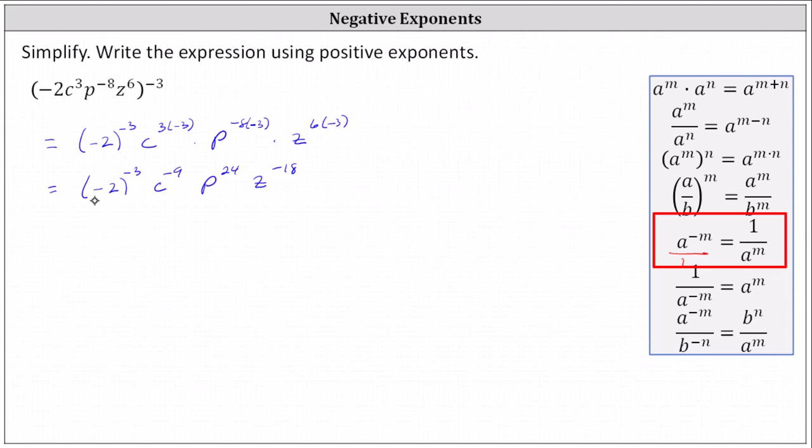Forming a fraction, we would have a denominator of 1, and then we would move negative 2 to the power of negative 3 to the denominator to change the exponent to positive 3. We would move c to the power of negative 9 to the denominator to change the exponent to positive 9. And we'd move z to the power of negative 18 to the denominator to change the exponent to positive 18.